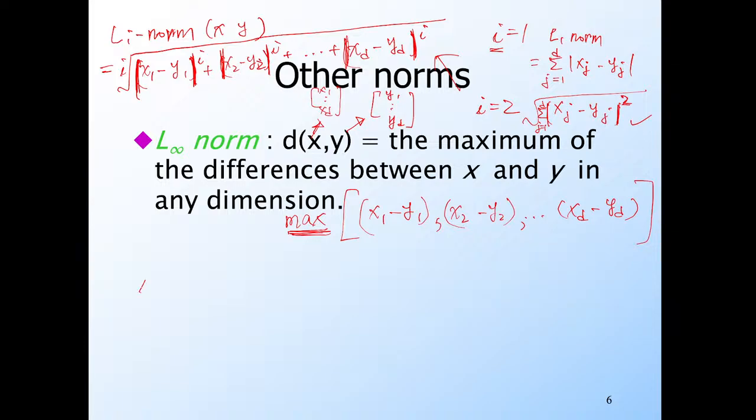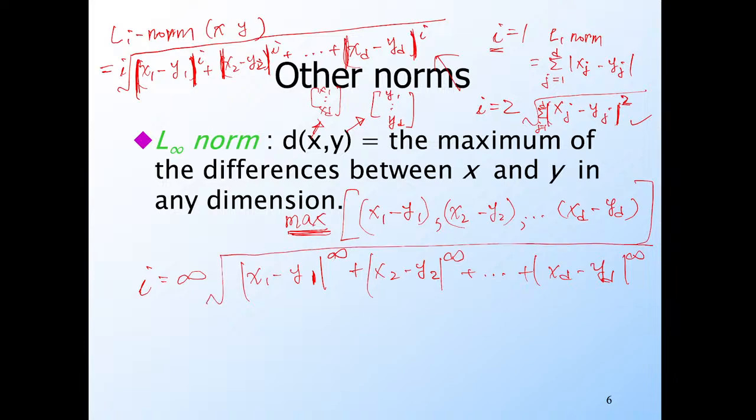And how about i equals infinity? i is infinity means that we have x1 minus y1 to the power of infinity, plus x2 minus y2 to the power of infinity, plus dot dot dot, up to xd subtract yd to the power of infinity. And then we have to take the root, I'm sorry, take the infinitieth root.